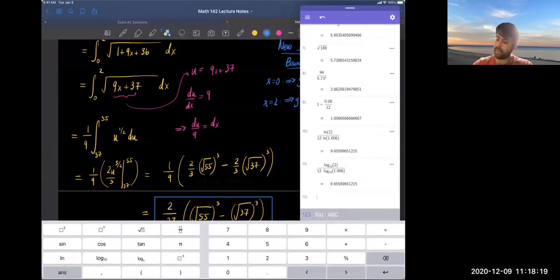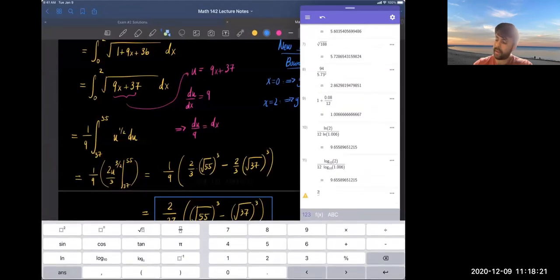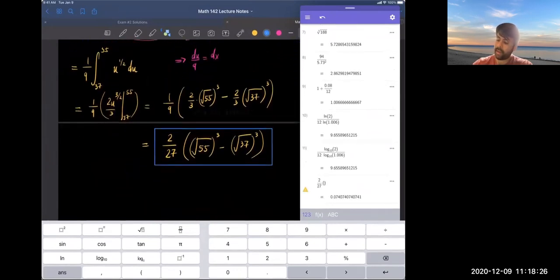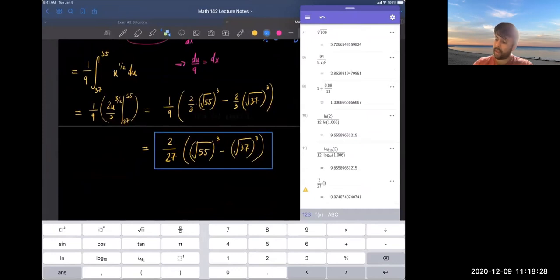So here we have 2/27 being multiplied by, let me just write it as a fractional exponent. So I raise this to the 3/2, and then I subtract it from 37 raised to the 3/2. And I get 13.5428, so on and so forth.